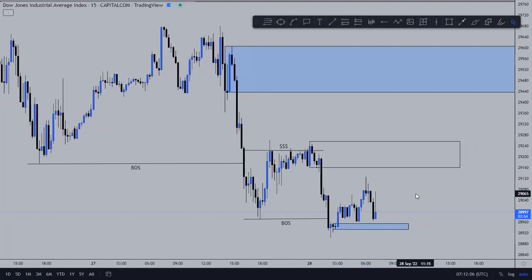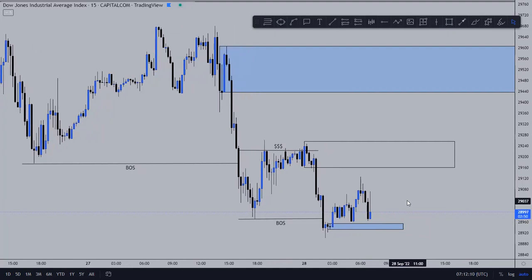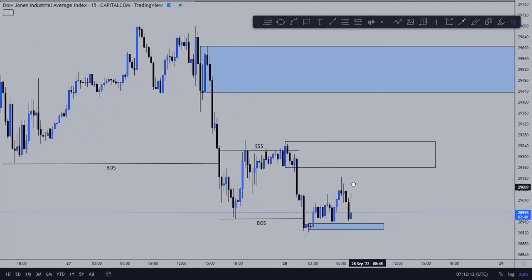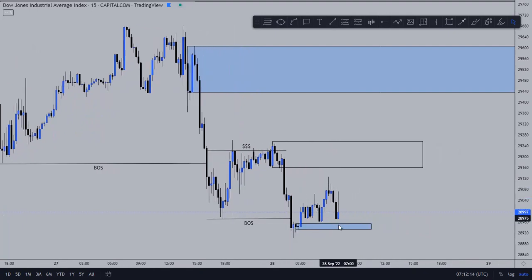That is what I'm looking at now. If ever we get the market to come to this zone, we can take our buys there, boom, targeting this area there.